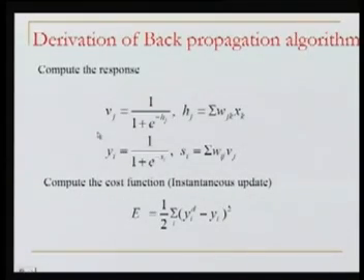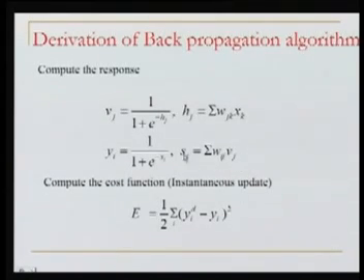So, you can see that Vj is 1 upon 1 plus e to the power minus Sj, where Sj equals the total input reaching the jth neuron of the hidden layer. Similarly, the output of the ith neuron in the output layer is 1 upon 1 plus e to the power minus Si, where Si equals sigma Wij Vj.